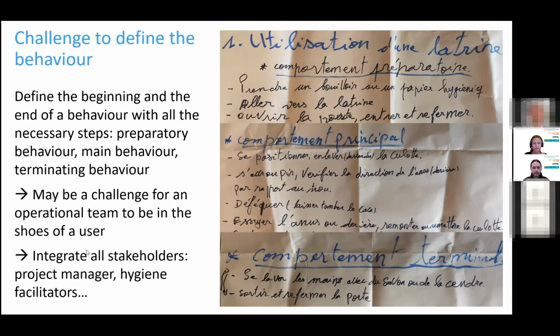And for that reason, it was good to integrate all stakeholders involved in the project, not just the top managers or the project coordinators, but also the hygiene facilitators, who were day after day with the beneficiaries of the project, because they really knew the challenges they were facing.